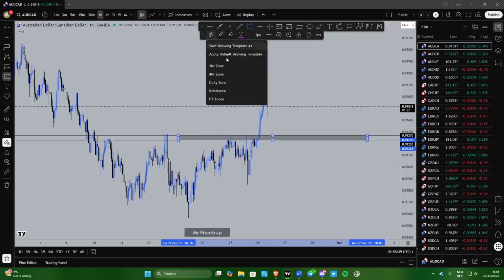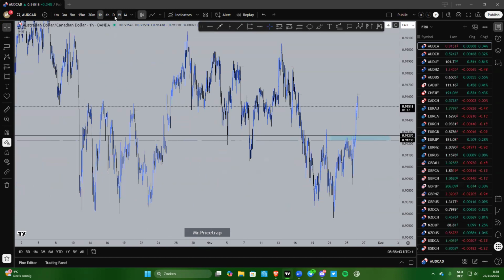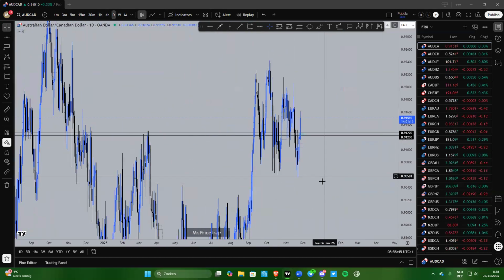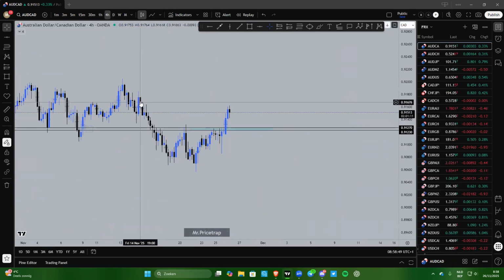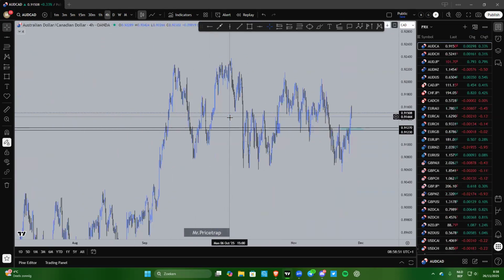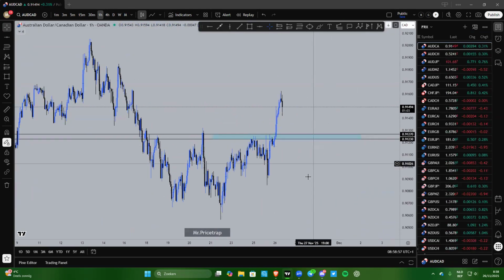So here we have the first one, AUD/CAD, which reacted beautifully on that daily zone here. We are at interesting highs, so we gotta pay attention there. We are creating these lower highs for a long time, so we gotta be aware of that.